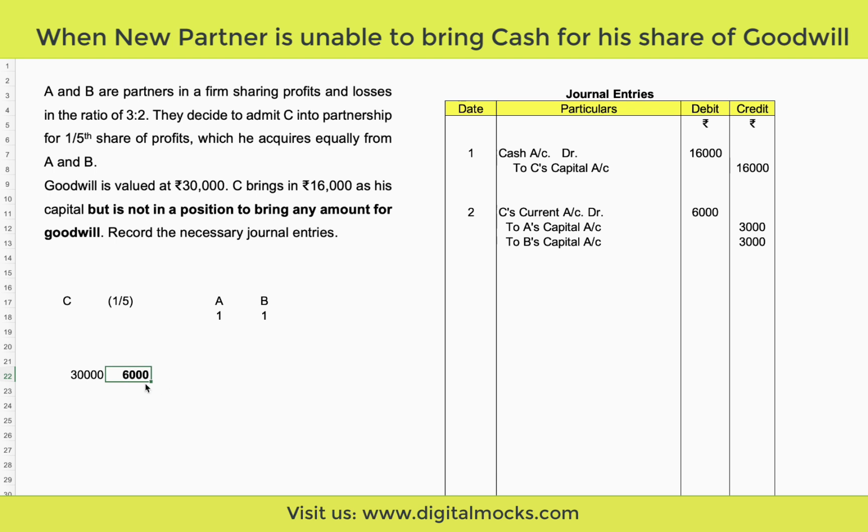So when he gets 6,000, definitely A and B will get less in future. So just to compensate that loss, we will increase their capital right away at the time of admission of the partner C. I hope you understood the logic of why we give credit to the sacrificing partner.